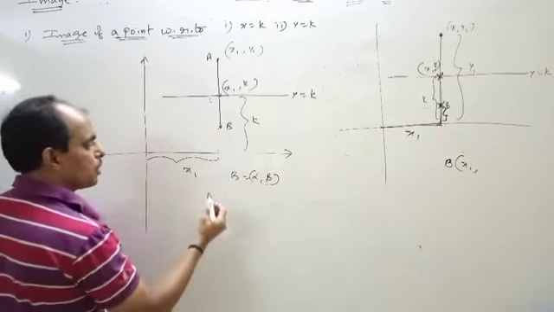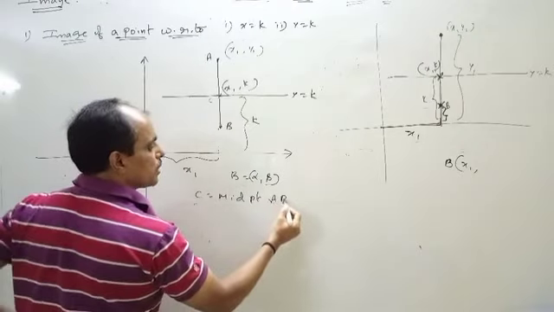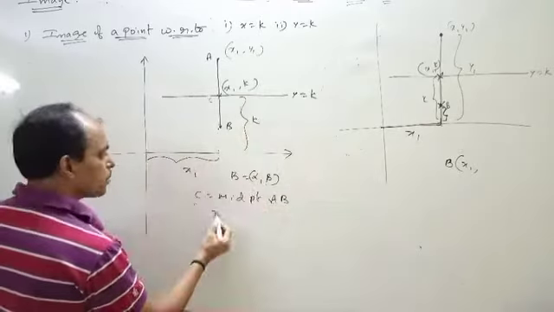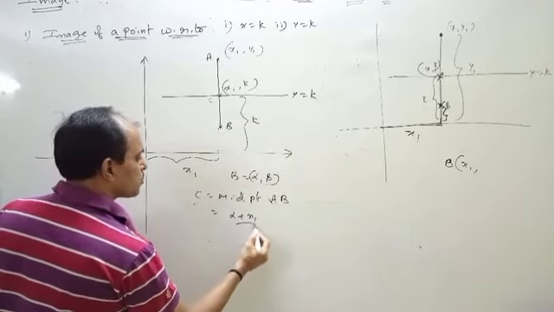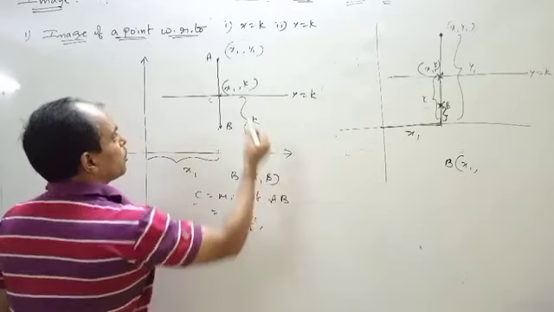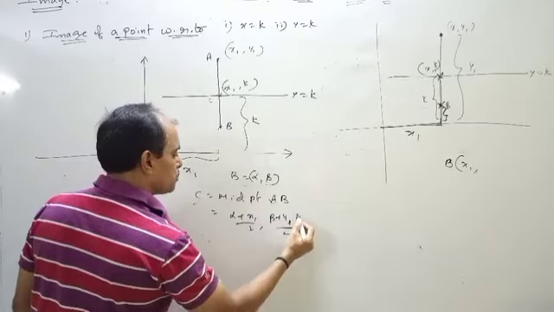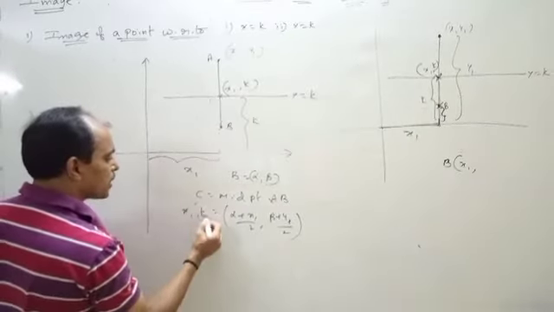This is C. Now C is the midpoint of AB, which is (alpha plus x1)/2, (beta plus y1)/2. But actually C is x1 comma k.